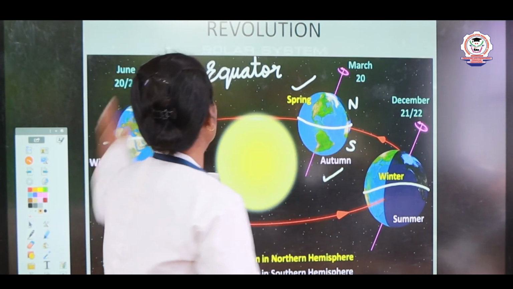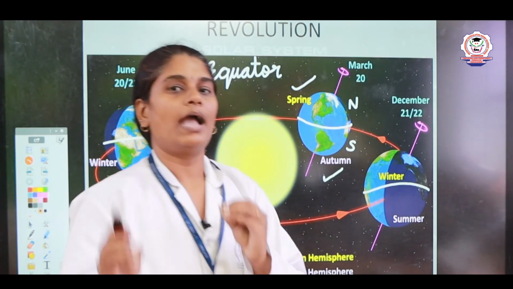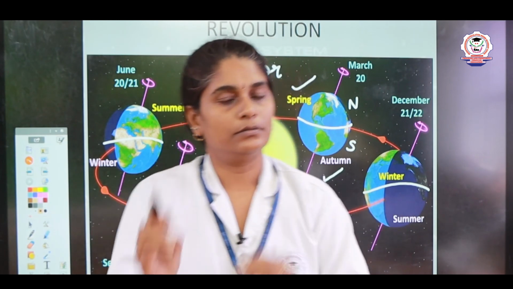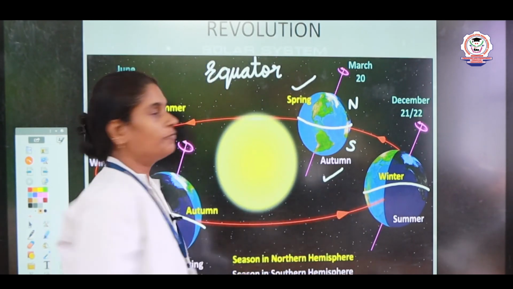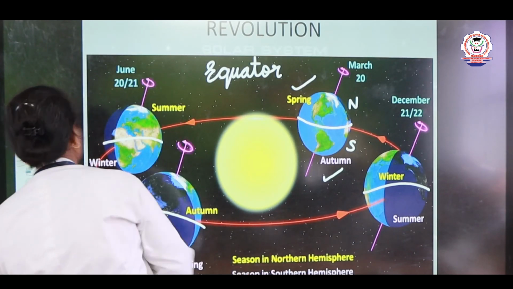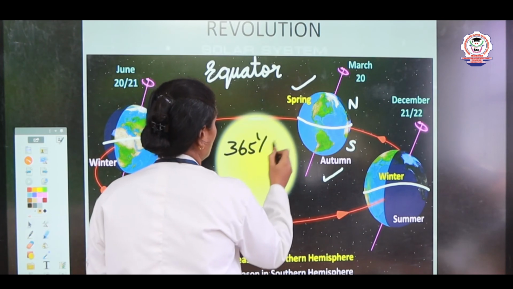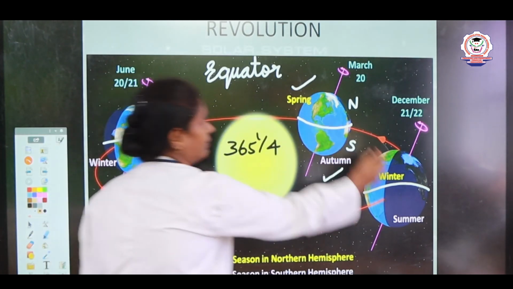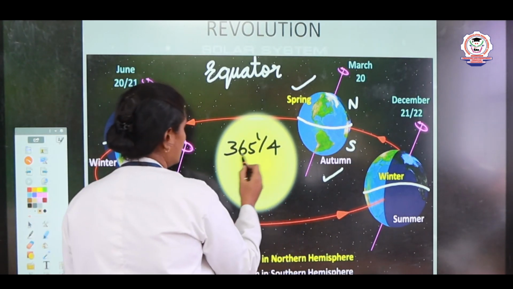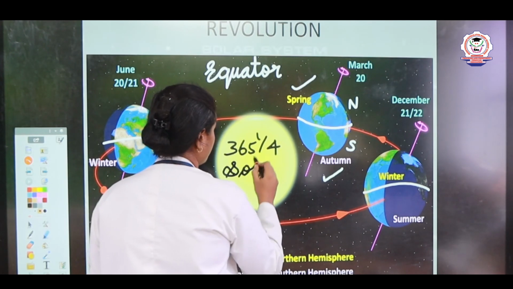So these seasons change very gradually, and because of the revolution of the earth, the seasons occur. For this revolution, the earth will take 365 1/4 days to complete one revolution, that is 1 year. This 1 year we call a solar year.